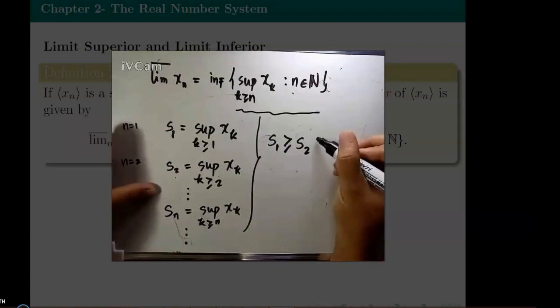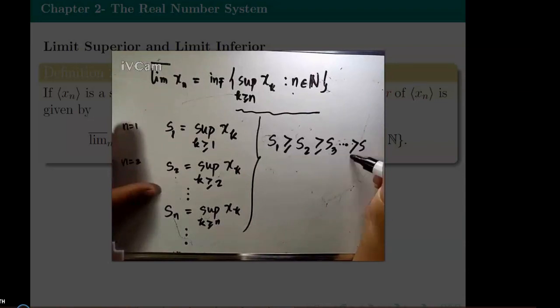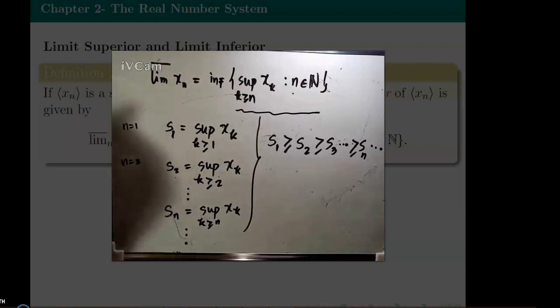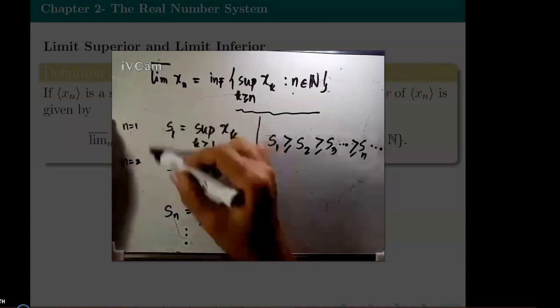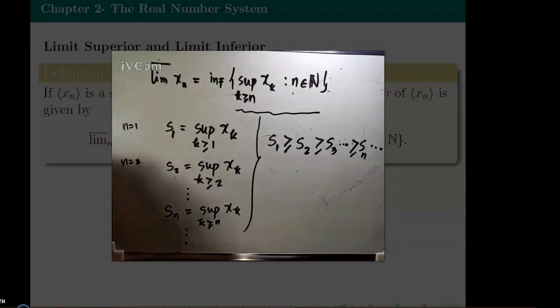And so on. So we have s sub 2 is greater than or equal to s sub 3, and so on, s sub n, and so on. So that's the behavior of our sequence, s sub 1, s sub 2, and s sub n.